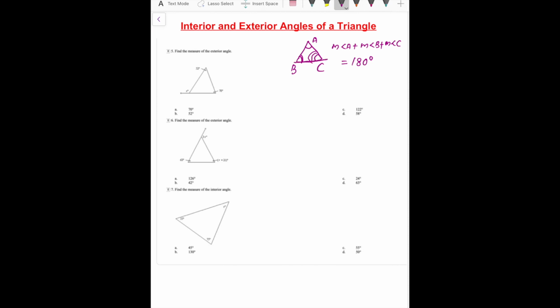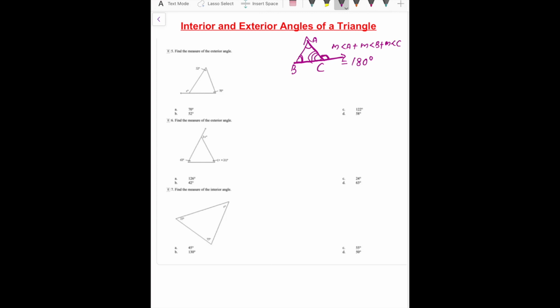And if I extend one of the sides, that side will make an angle with AC. That angle is called the exterior angle.